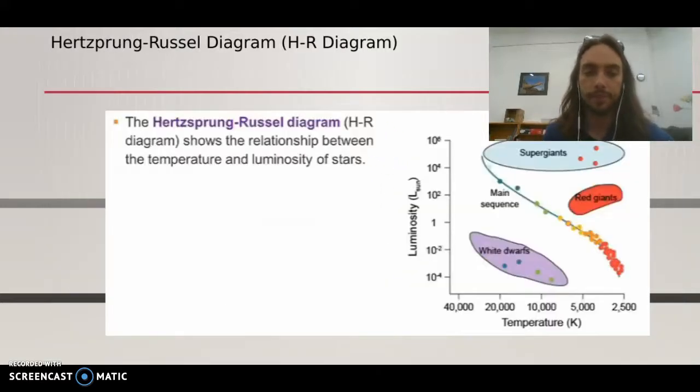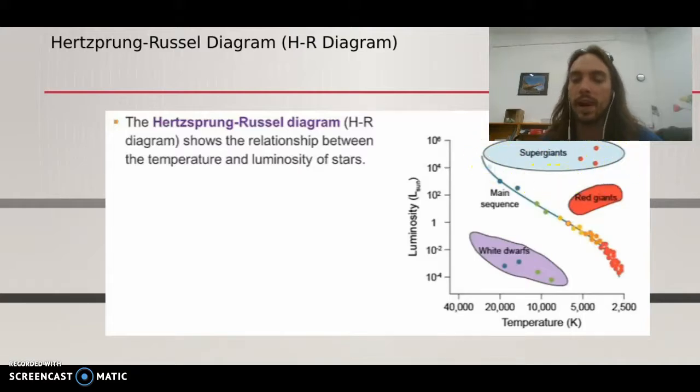Okay, so quickly, this is the Hertzsprung-Russell diagram, and essentially what it's saying is that with higher luminosity, the brightness of a star, you're going to get a lot of the times higher temperature. It doesn't always correlate, like with the supergiants. They're just always very bright.